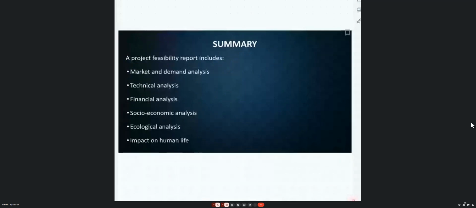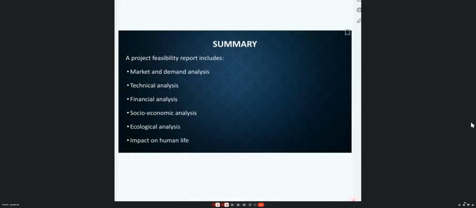So to summarize on project appraisal, a project feasibility report basically includes market and demand analysis, the technical analysis, financial analysis, social economic analysis, ecological analysis, and impacts on humans.